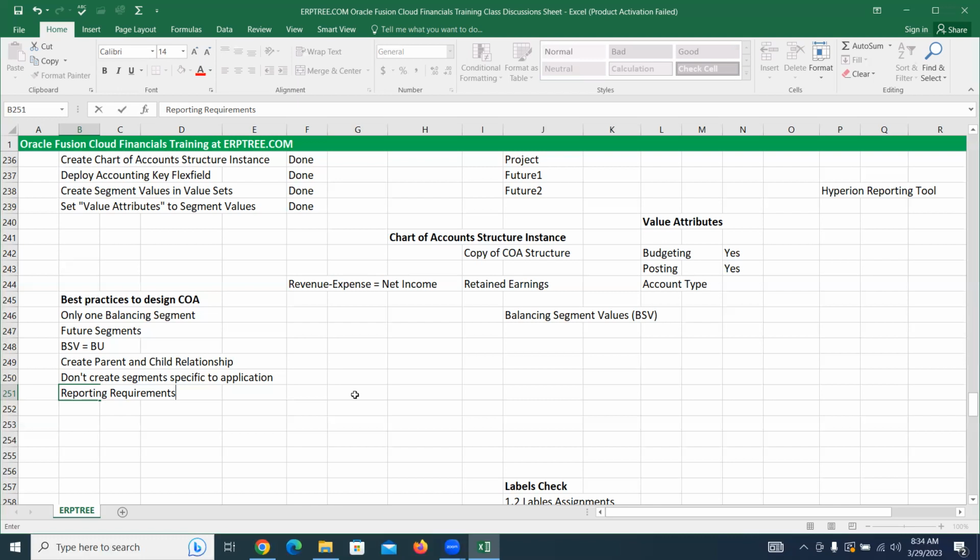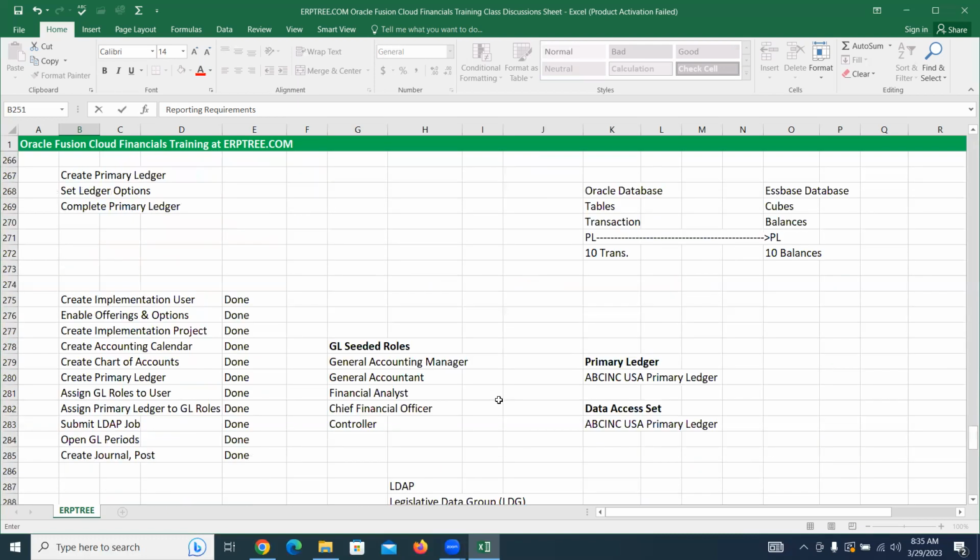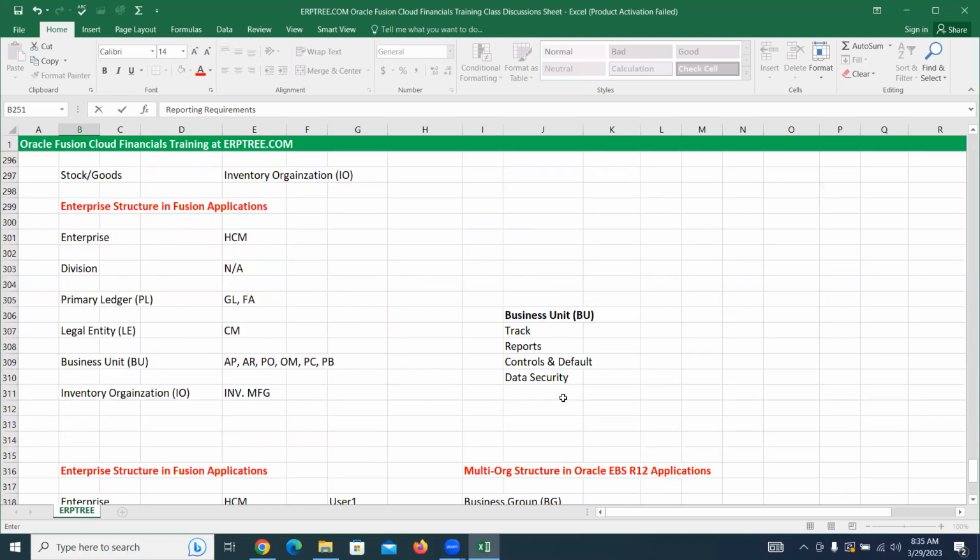Say they are doing business in Dallas and Austin. Austin has 1 balancing segment value, Dallas has 1 balancing segment value, but the BU name is US BU. That is okay. Still the system will support. But unfortunately, anything you want to set as controls, features or functionalities, you can set only at the business unit level.